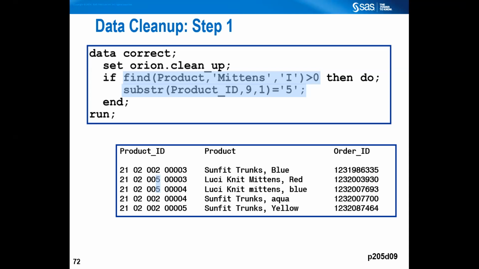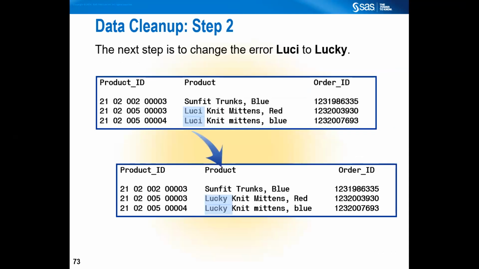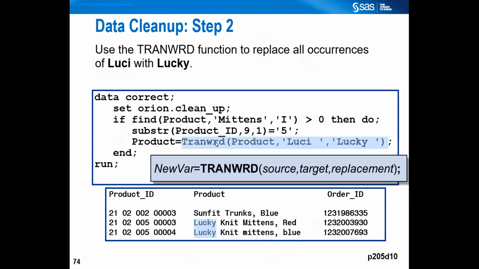Okay. All right. So now what is the next step two of cleanup? That wherever there is Lucy, you have to convert it to Lucky. So in this case, the next step to change the error of spell check, which is Lucy to Lucky, simply use transword. This is the function which just replaces from your source a target with a replacement. So what is this?